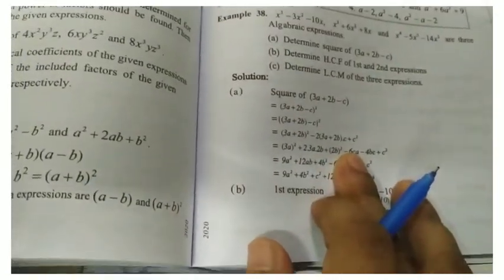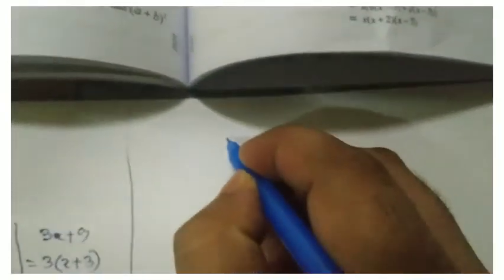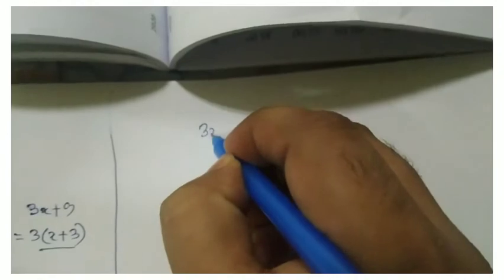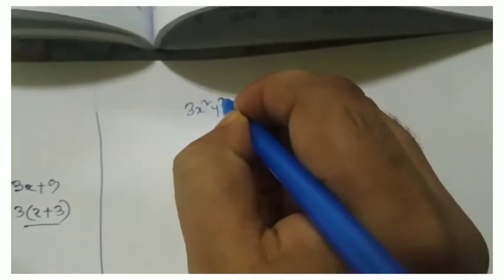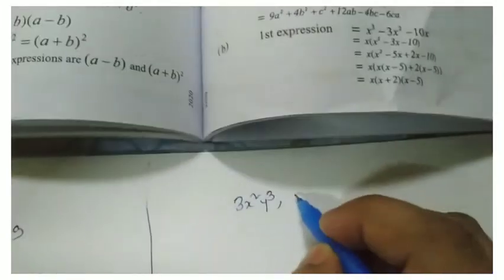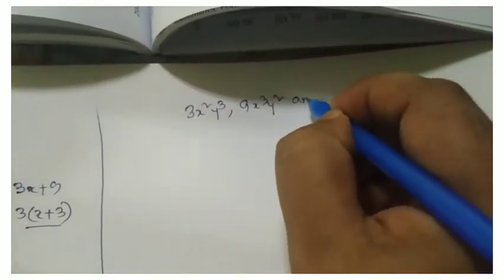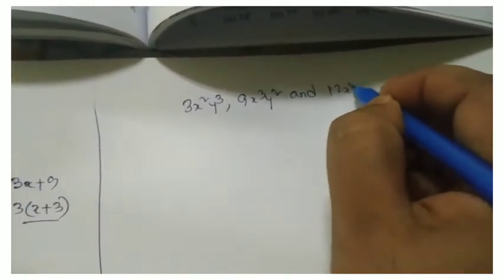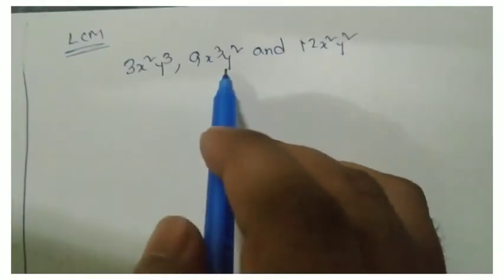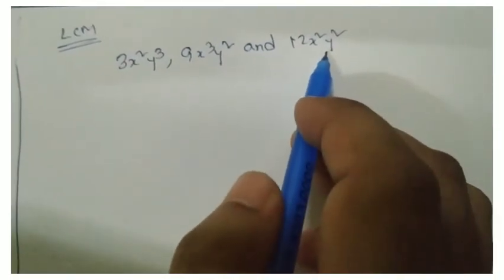Okay, so let's say I have a problem: 3x square y cube, 9x cube y square and 12x square y square. I need to find out the LCM.